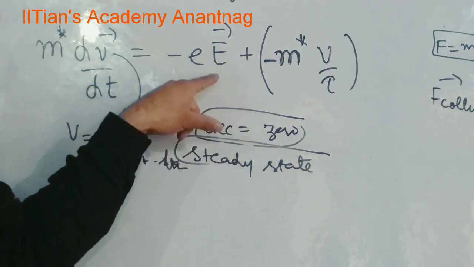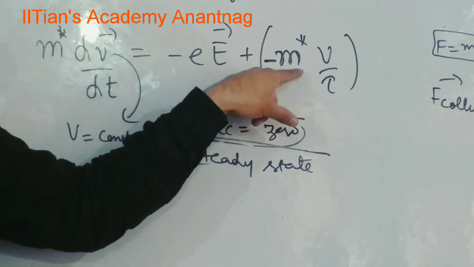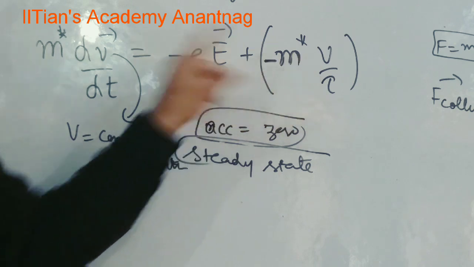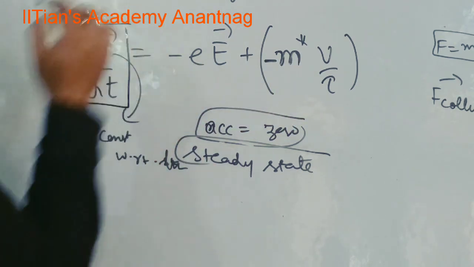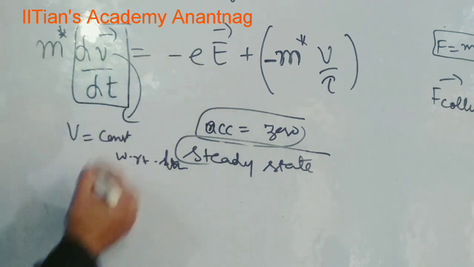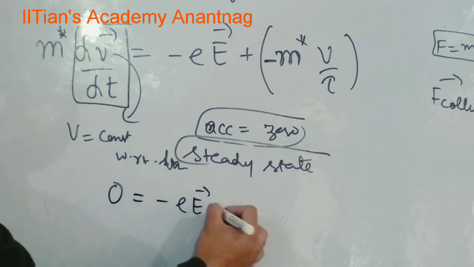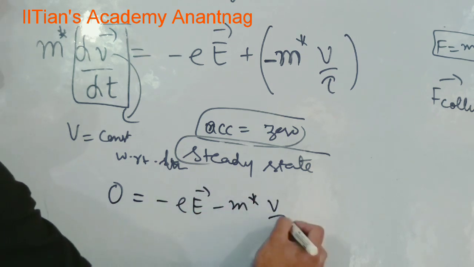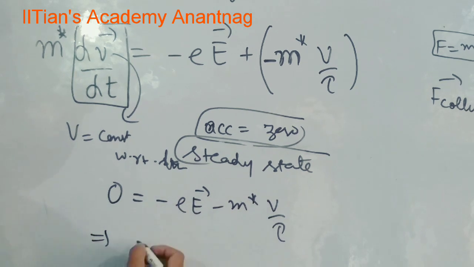There is acceleration due to electric field, but that is counterbalanced by retardation due to frictional force. So net acceleration is zero. Now in steady state, this dV by dt will become equal to zero. So in steady state, I have 0 equal to minus eE minus m star V by tau for a single electron. Now I want the expression for V.